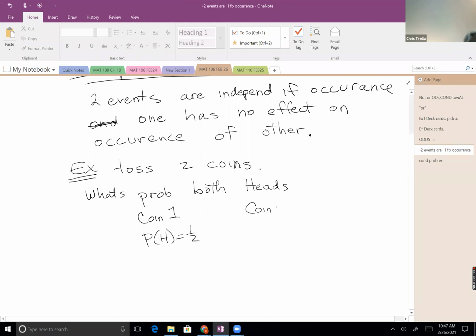For the second coin, the probability of a head is a half. And if I want them both heads, that would be the probability of a head and a head. So I'm going to just multiply 1/2 times 1/2 and get 1/4.